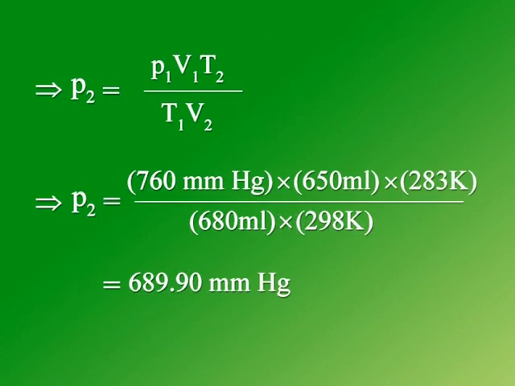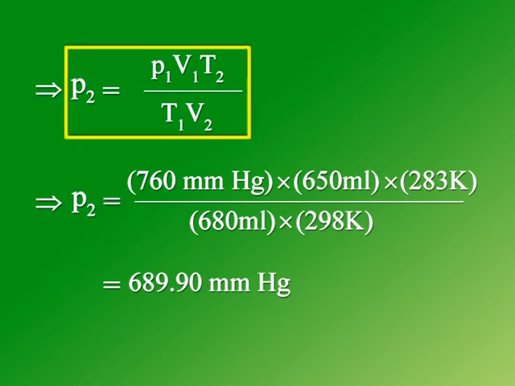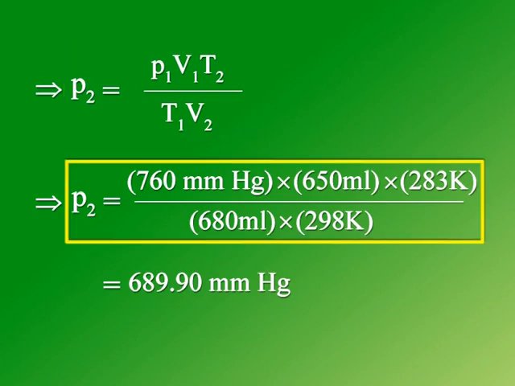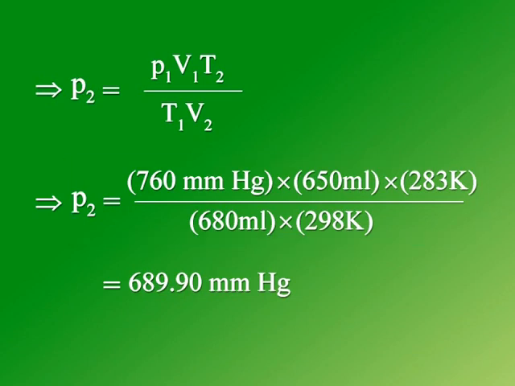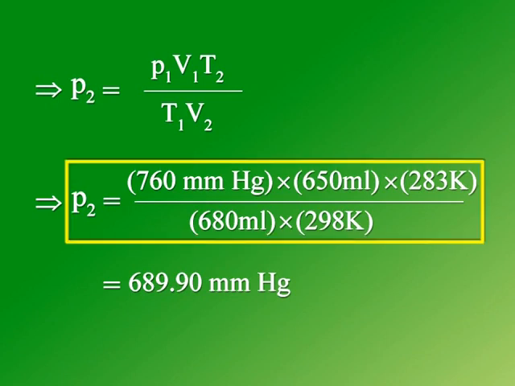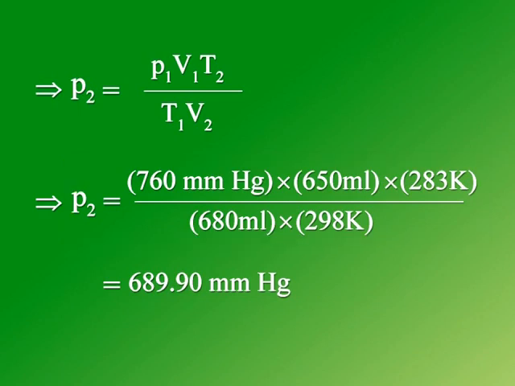This implies that P2 is equal to P1 multiplied by V1 multiplied by T2 divided by T1 divided by V2, or P2 is equal to 760 millimeter of mercury multiplied by 650 milliliter multiplied by 283 Kelvin divided by 680 milliliter multiplied by 298 Kelvin, which is equal to 689.90 millimeter of mercury.